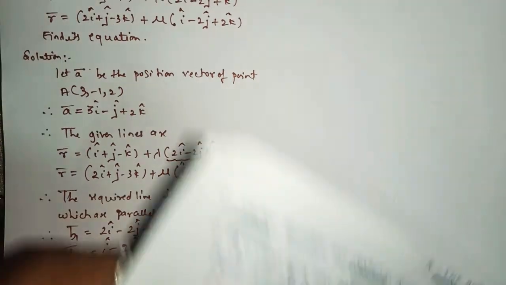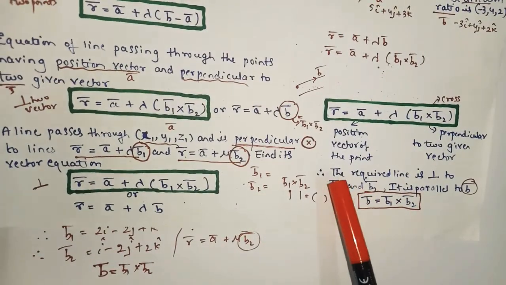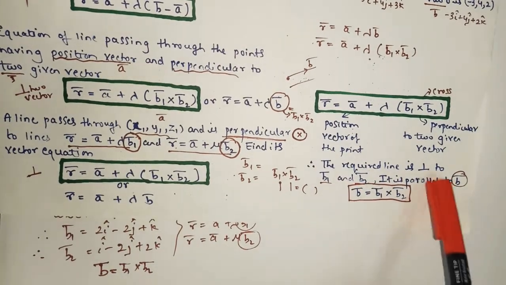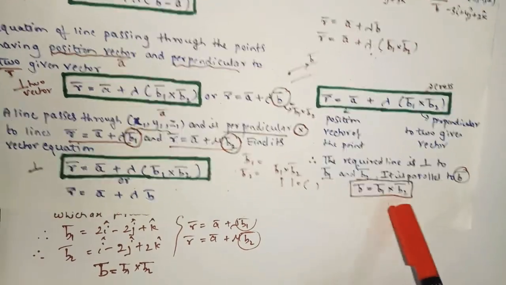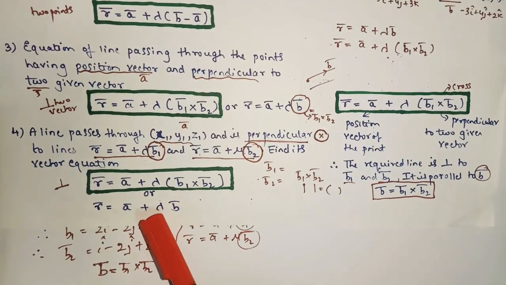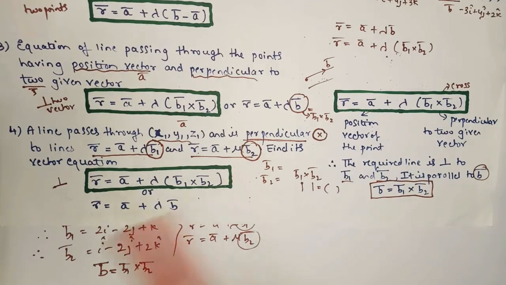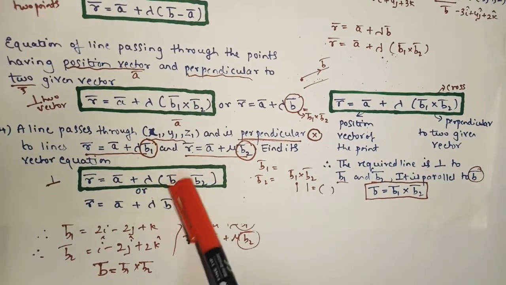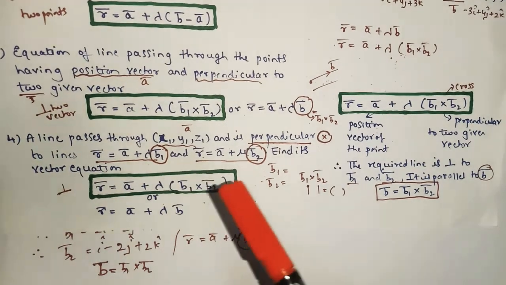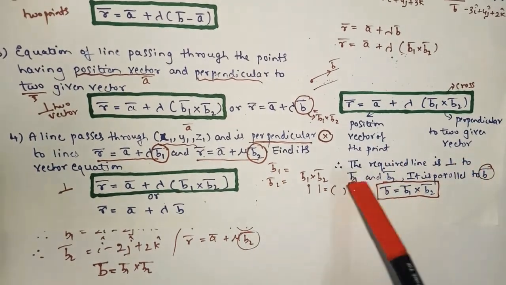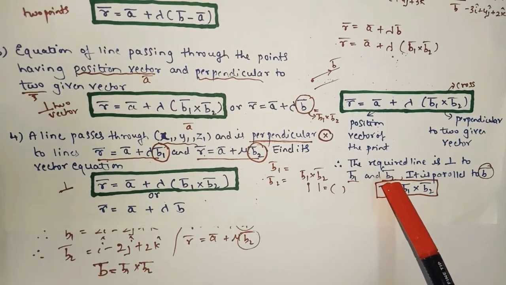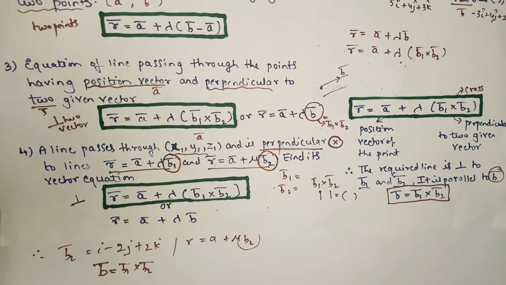This also we saw in the first video lecture. I had explained that when the required line is perpendicular to b1 and b2, actually it is parallel to b bar, so both are one and the same. If you want, you can use this formula or else the second one also, but I will suggest you apply the first one. In both cases you will get the same answer only. The concept is: if the required line is perpendicular to two given b1 and b2, actually it is parallel to b bar only.